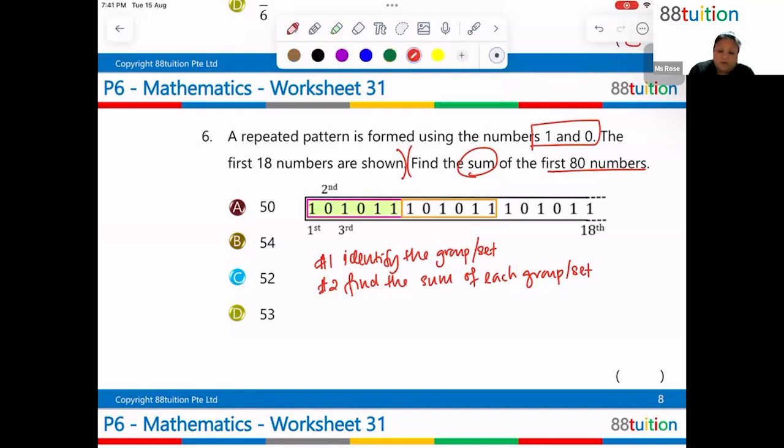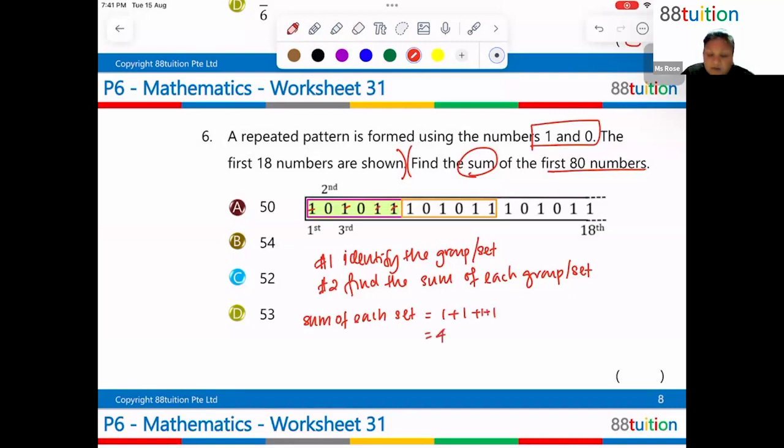So the sum of each set would be, how many ones? 1 2 3 4.